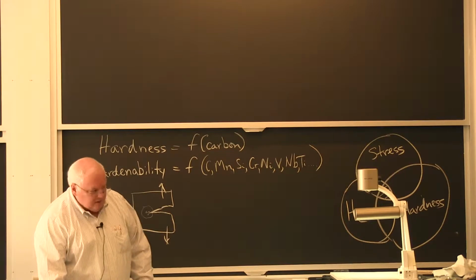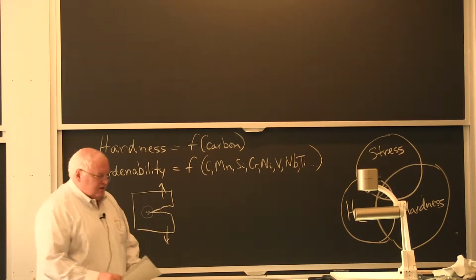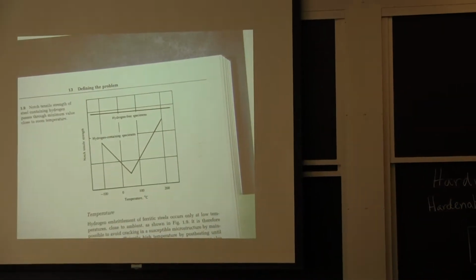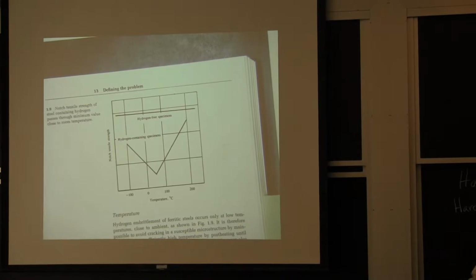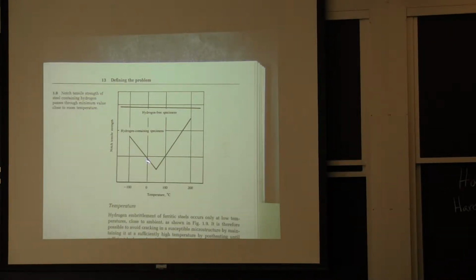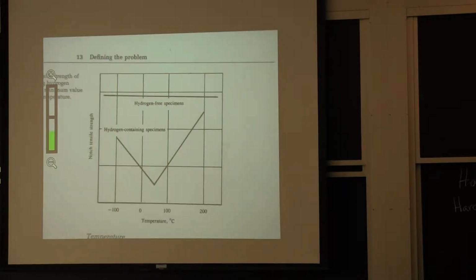But unfortunately for us, in the world we live in, the rate that hydrogen diffuses and can cause cracking happens to be greatest or lowest on this diagram. Let me go up a little bit.